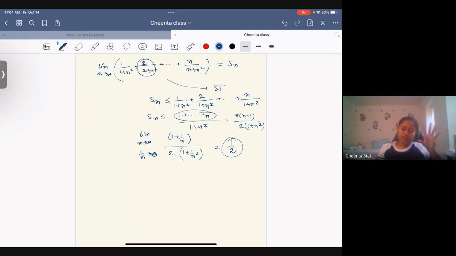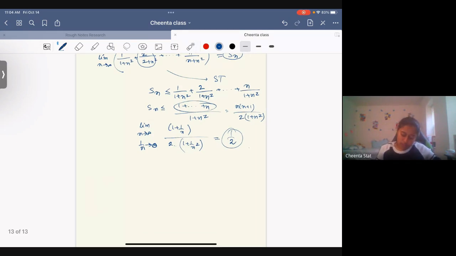If we can find a series which is greater than the exact series we want to find, in our case Sn, and that converges to a value, say half in our case, then our Sn will converge to that point. It is okay. But also for the lower bound, you need to construct something which is smaller.